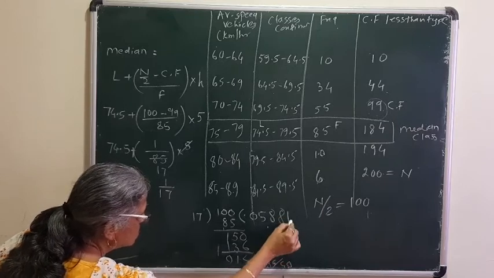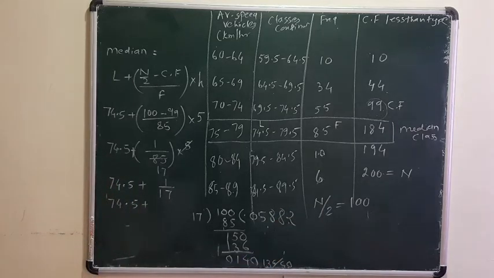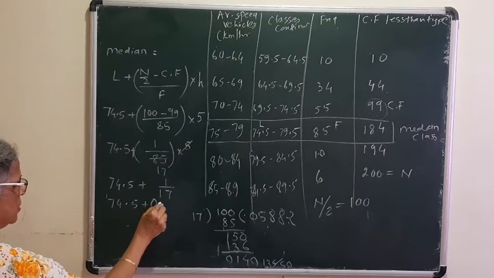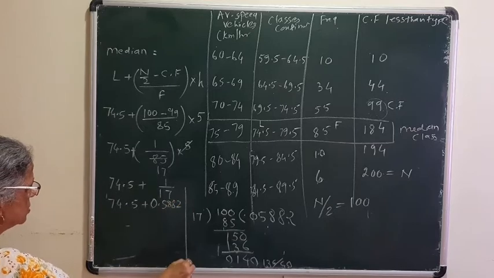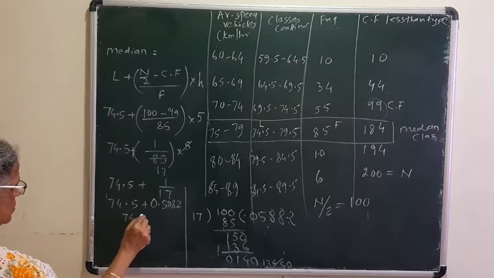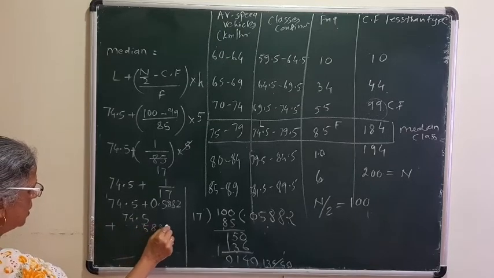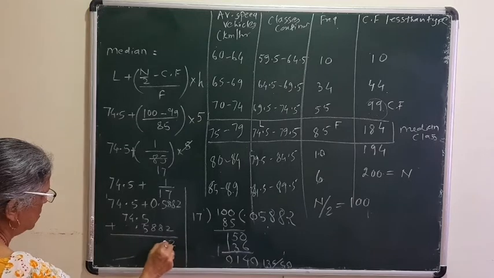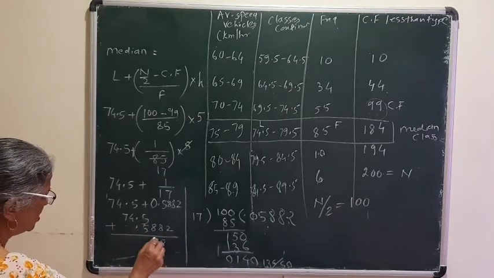Then 17 ones are 17, 17 twos are 34. So like that it is 0.0588. So 74.5 plus 0.0588. I can make this 8 a 9, or you may write it as it is.